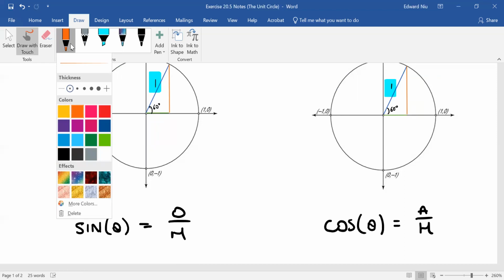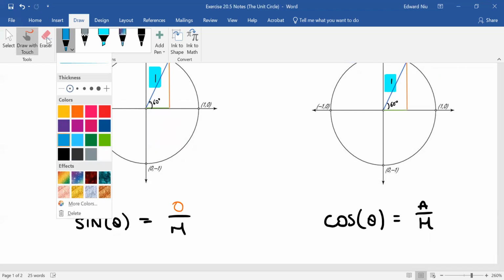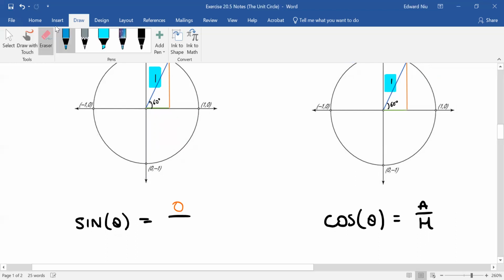That one's orange. So the opposite side here is orange. And then the hypotenuse, what we notice is in sky blue.